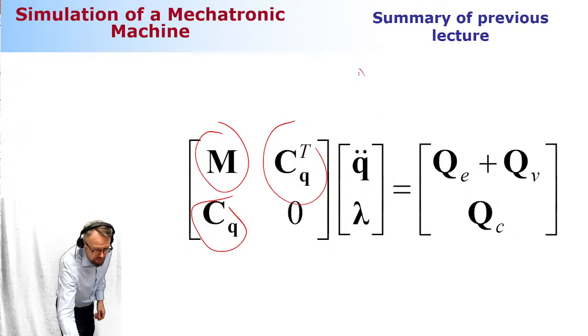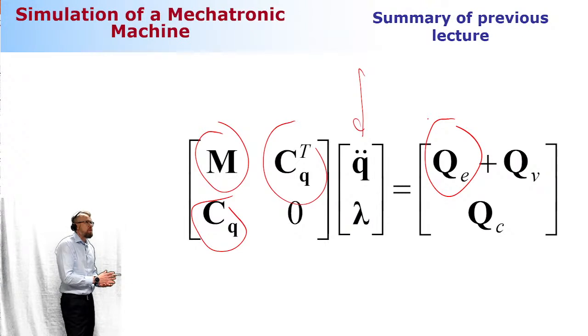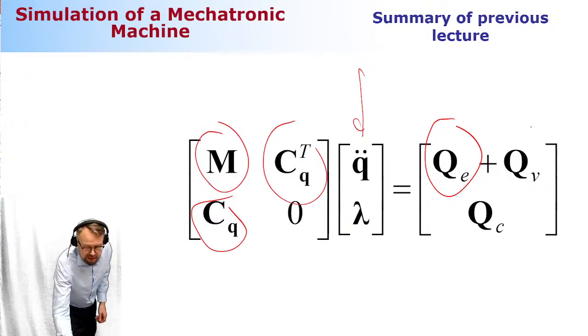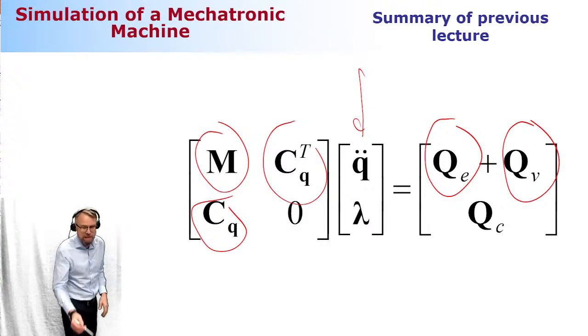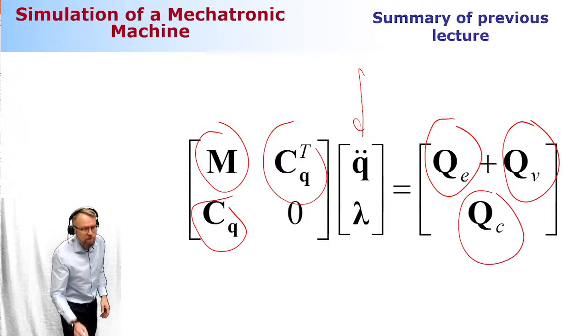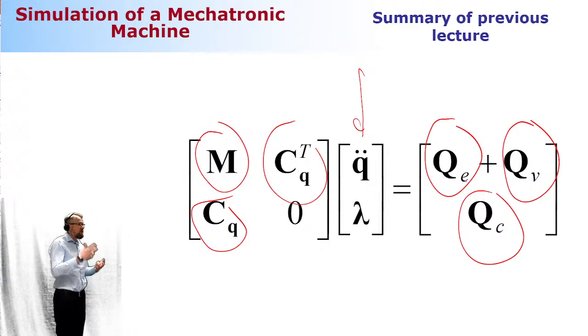This is the vector of unknowns. This is the generalized externally applied forces. This is the quadratic velocity vector, which may be equal to 0 in the planar case if you set your body reference coordinate system to be at the center of mass. And this is what you get when you differentiate your constraints twice with respect to time. Clear?